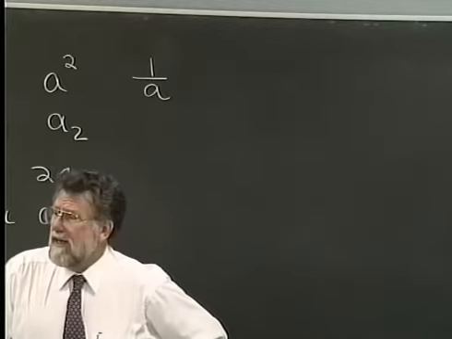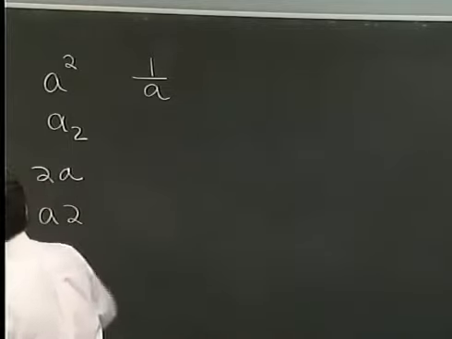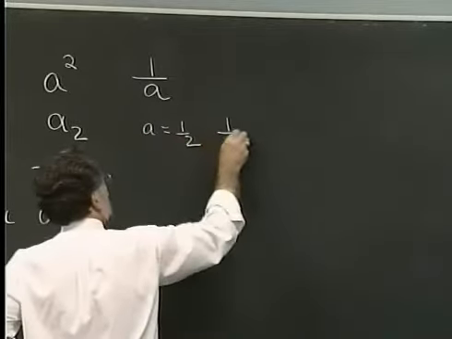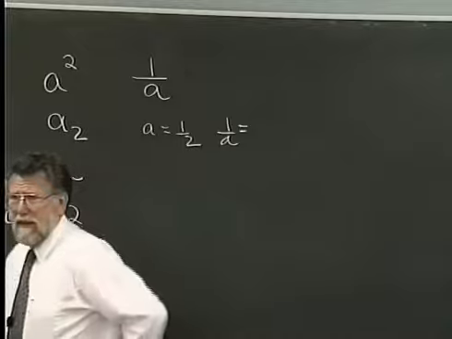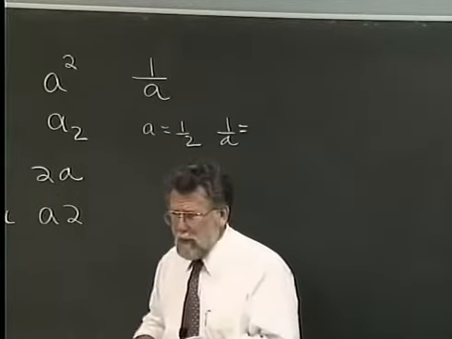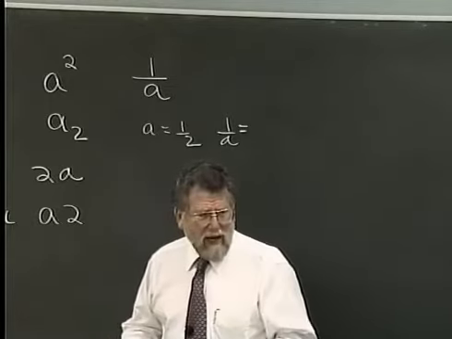Let's try. A is 1/2. What is 1 over a? Okay, a is 1/2. I want to know what 1 over a is. What did we say 1 over a meant? We lost something in the translation there. What is 1 over 1/2?